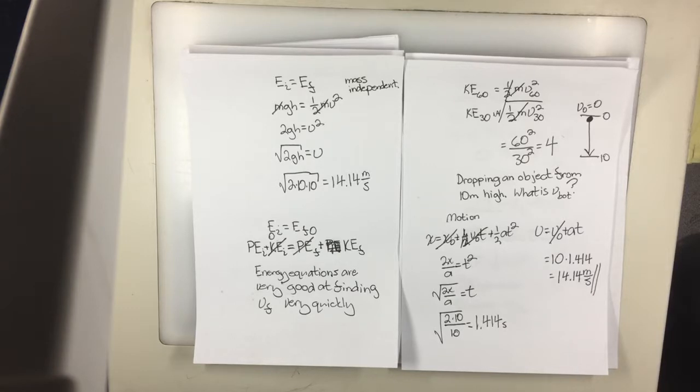If I was given a physics problem and told to find the final velocity of the object, I would use energy. Bam, just get it done. If I needed to work with position, then I would use the equations of motion. The equations of energy just work so darn fast.